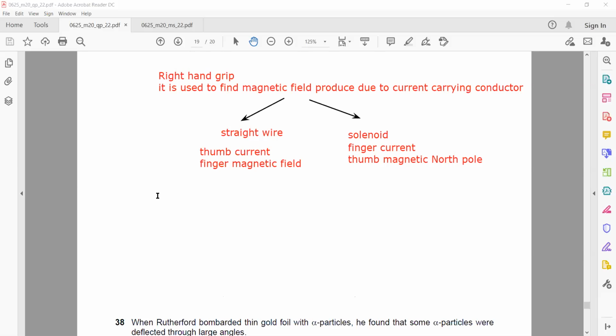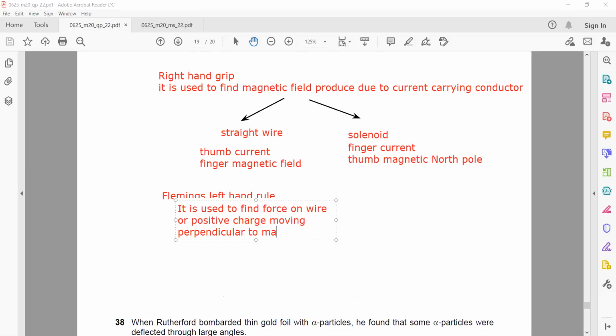Then there is Fleming's left hand rule. Fleming's left hand rule is used to find the force on a wire or a positive charge moving perpendicular, or at 90°, to the magnetic field.